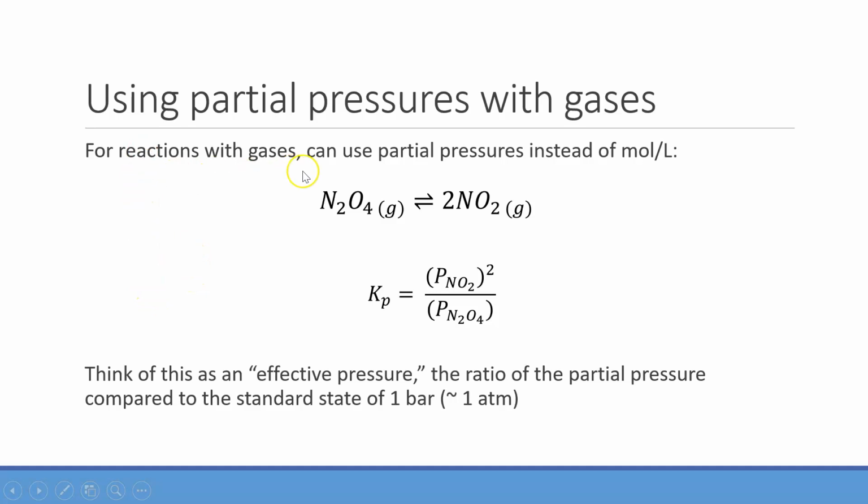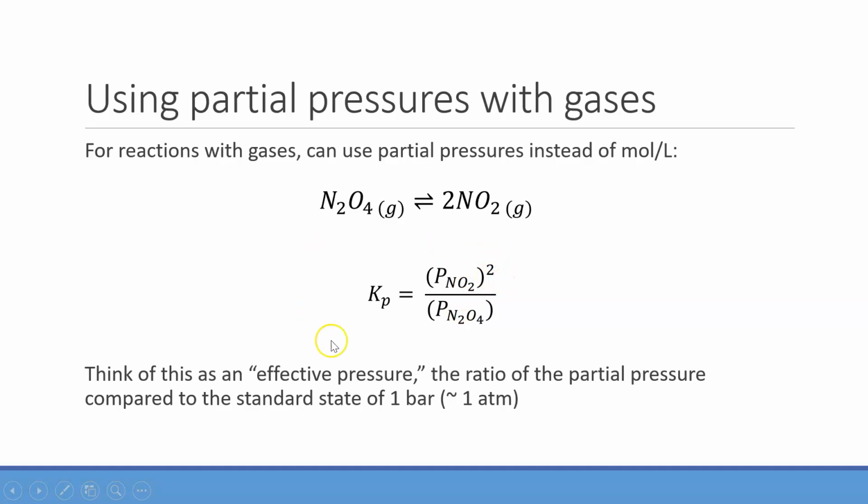For reactions with gases, we can also use partial pressures instead of moles per liter, because sometimes it can be hard to think about the concentration of gas in moles. If you're going to use partial pressures instead of molarity, then you have this Kp value, and that's where you take the ratio of the partial pressures raised to their stoichiometric coefficients.